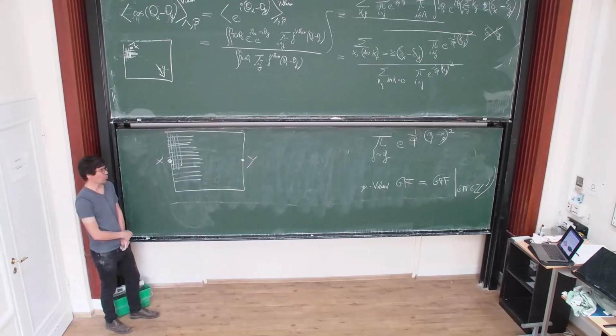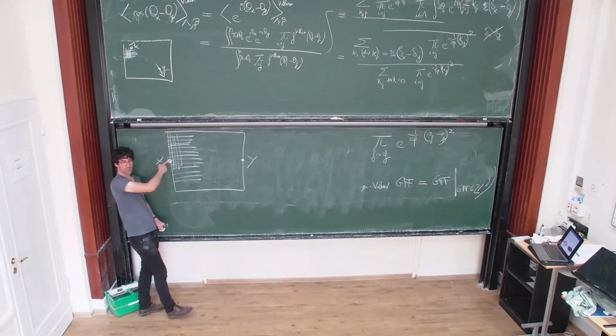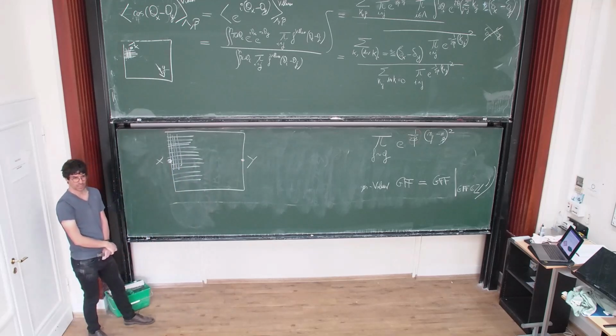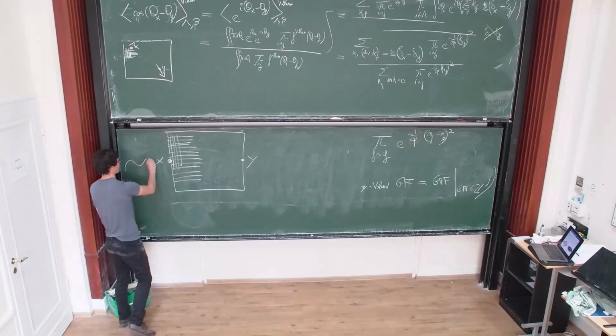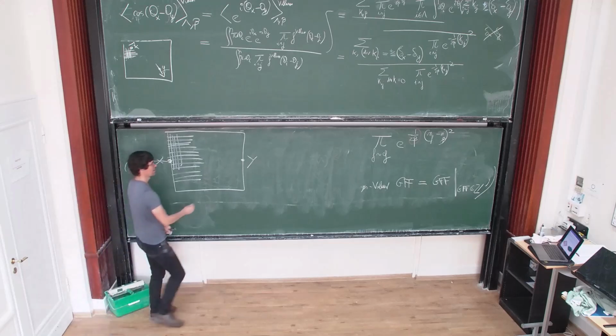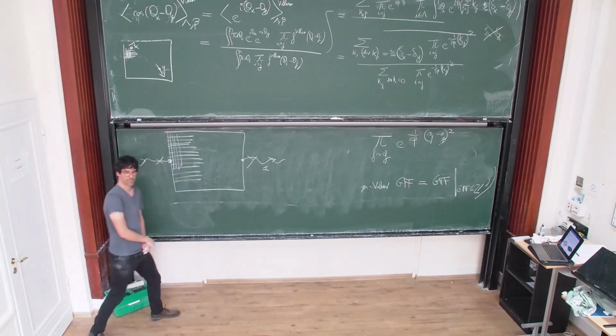Let's imagine you have a one-form which is divergence-free everywhere, but here it has divergence 1, and here it has divergence -1. So it's as if you pump some liquid with a strength 1 at x, and you remove this liquid at strength 1 at y.